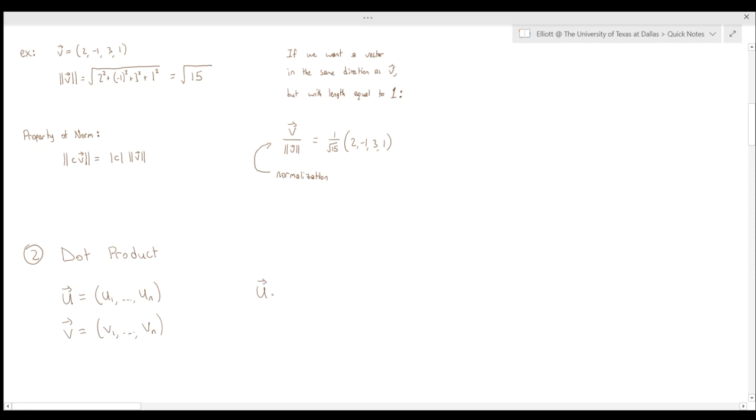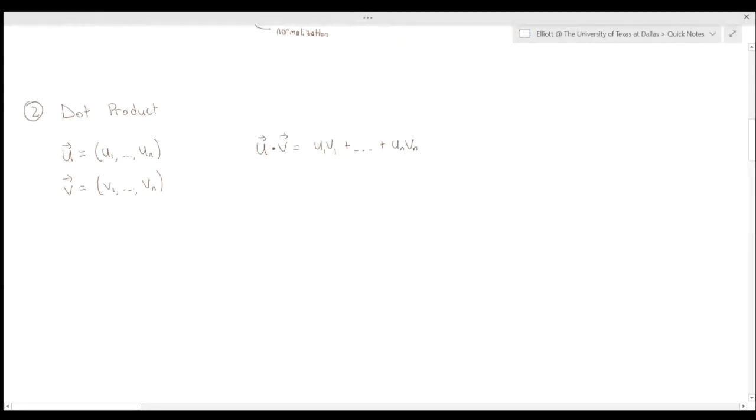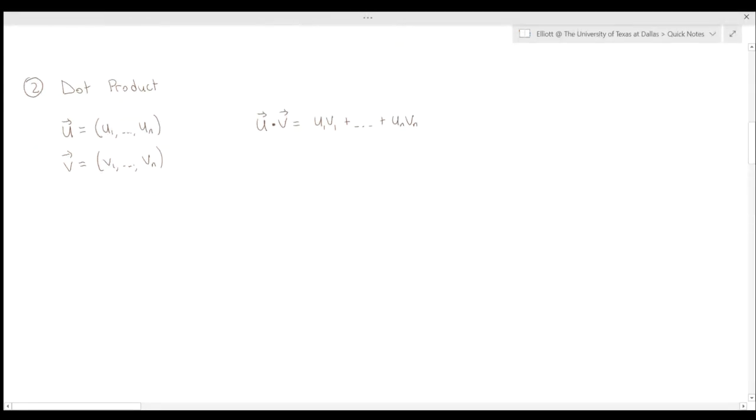Then their dot product, which we usually just denote as u dot v, has the formula u1 times v1 plus u2 times v2, and so forth, all the way down at the end plus un times vn. So we're just multiplying the components together and then adding everything up.